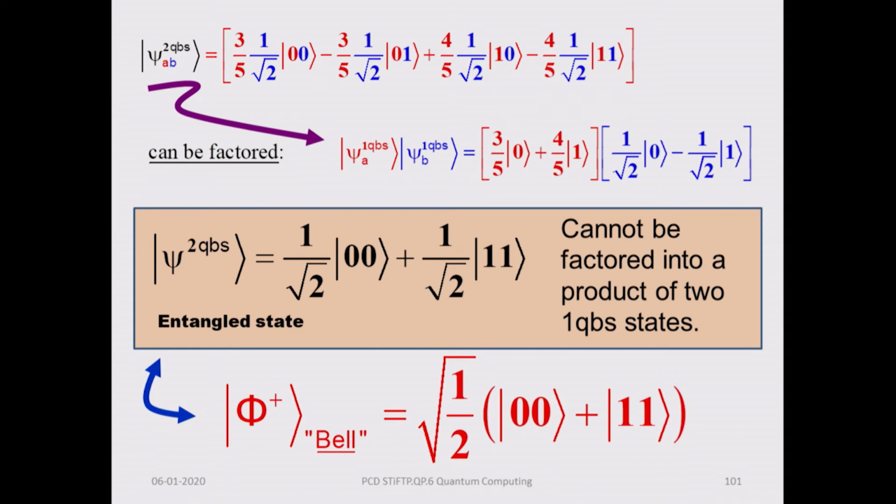This is the point I made earlier, that it is not something that you can take for granted, not without checking. So, I have now given you a two qubit state which is a superposition of 0 0 and 1 1, and I claim that this state cannot be factored. It is in fact what is called a Bell state or an entangled state.